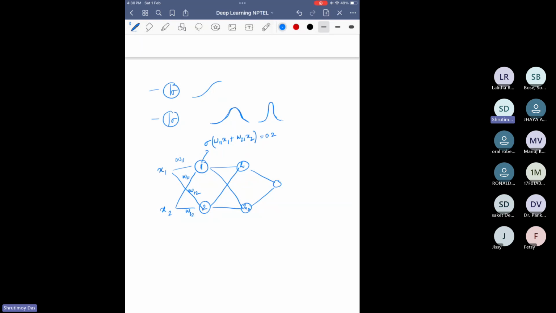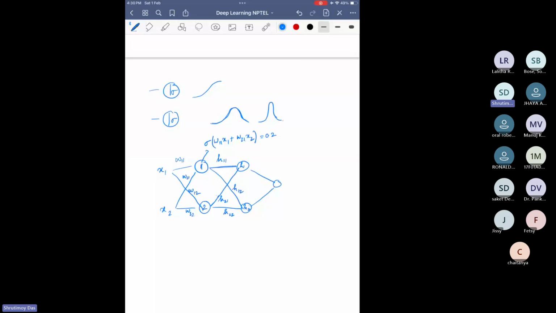And now from here to here you will have, say, h11, and here you will have h12, then here h21, and here this weight is h22. If I want to look at what I get here, let us say it is A1, and similarly I get some A2 here.